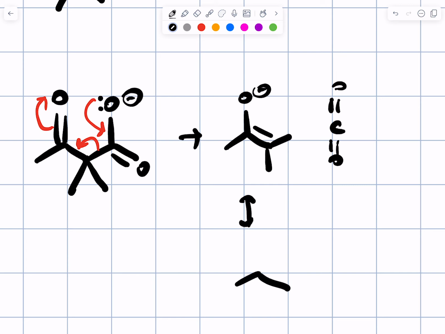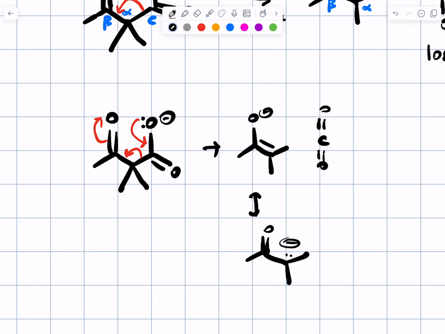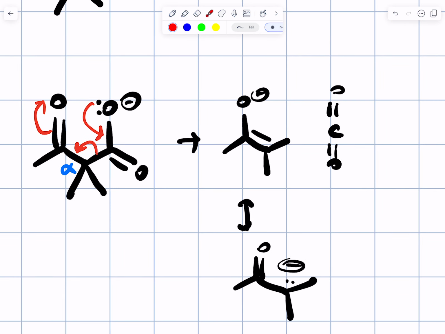I actually like this because it demonstrates why decarboxylation works, because you can think of what's going on here as a negatively charged oxygen kicking off a leaving group, and the leaving group is an enolate.